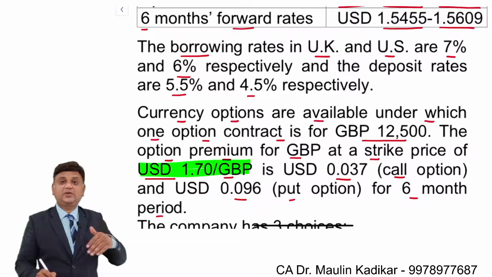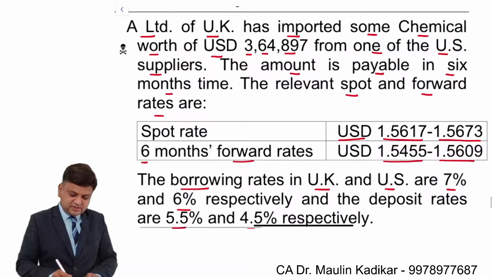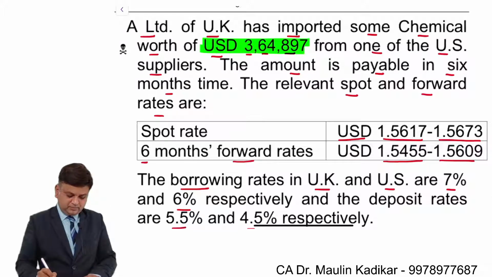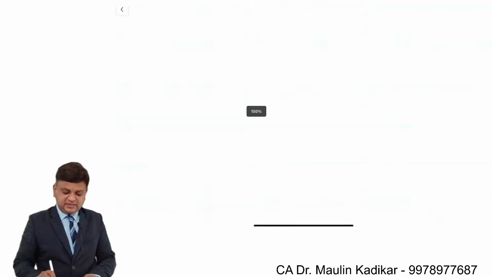So using this exercise price information, we have to compute the amount of pound which is required to be sold for purchasing the required dollar. That is the first working note that we need to prepare. So please write down the answer along with me.